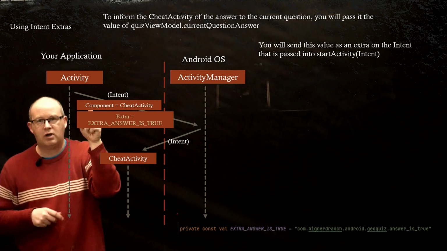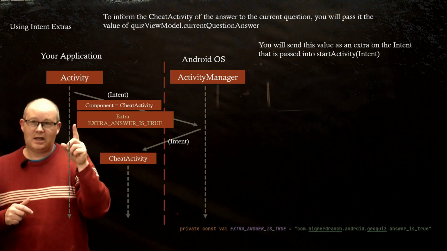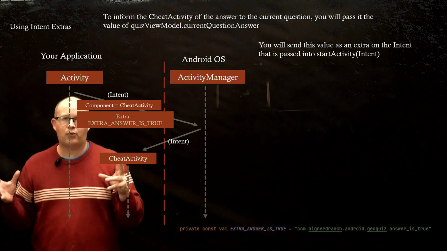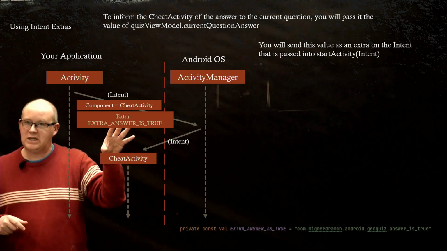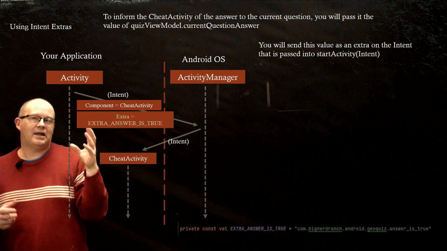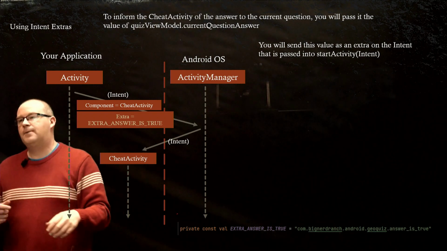So we're going to pass that along as an intent extra. Think about that as just like a parameter in a constructor, where I could throw extra information in along with the intent, and it's basically data that you can retrieve.